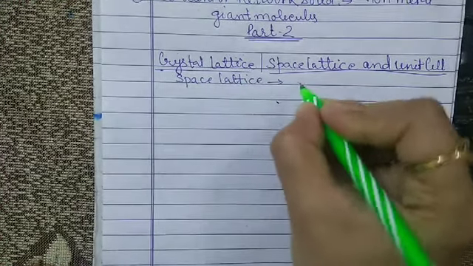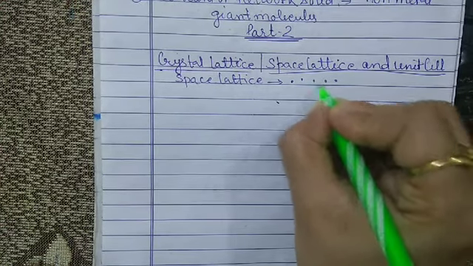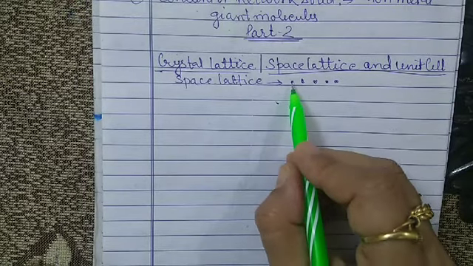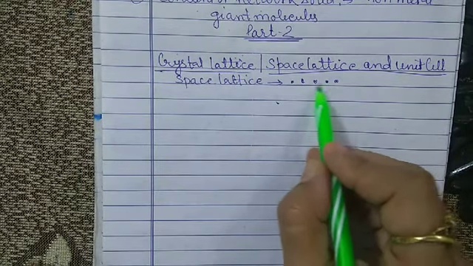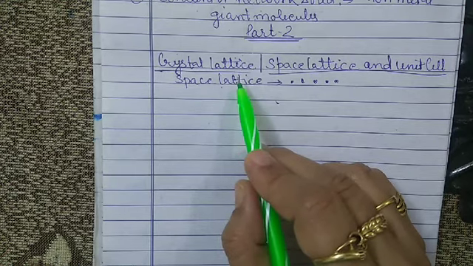Space lattice means these are the points, because we show the constituent particles with the help of points, and the arrangement of these points is known as the space lattice.